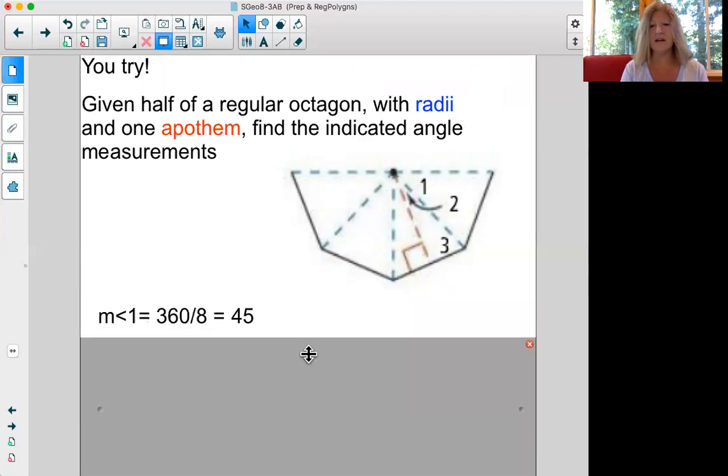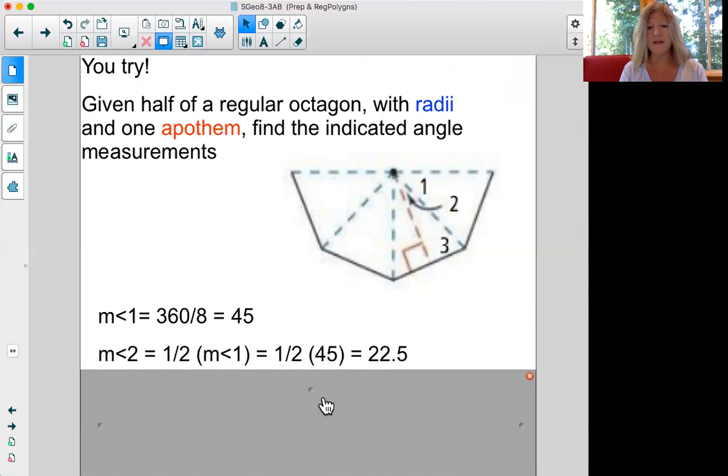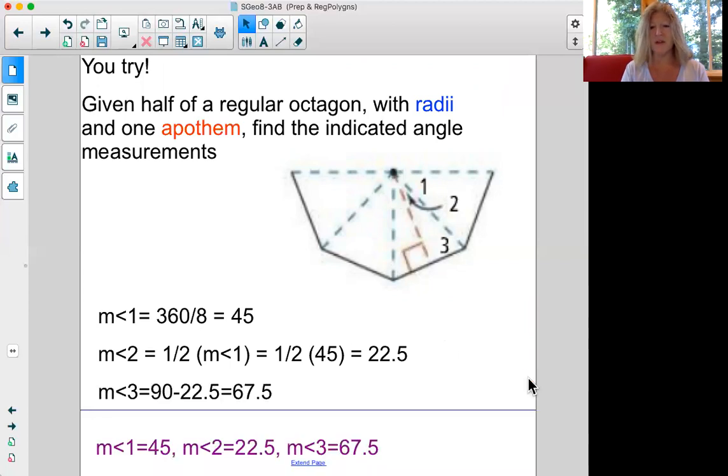Either way, you'll get measurement of angle 1 is 45 degrees. And then when you drop your apothem, you bisect that angle, and so measurement of angle 2 is 22.5. And then the complement of that is measurement of angle 3, because a little right triangle is formed, and so you know the two acute angles inside the right triangle are complementary.